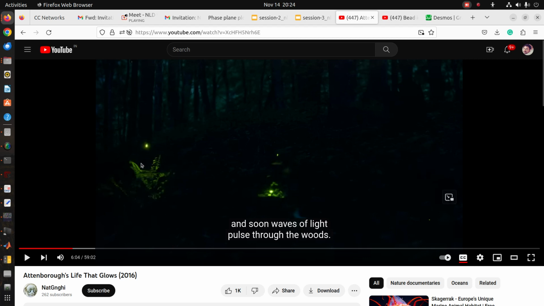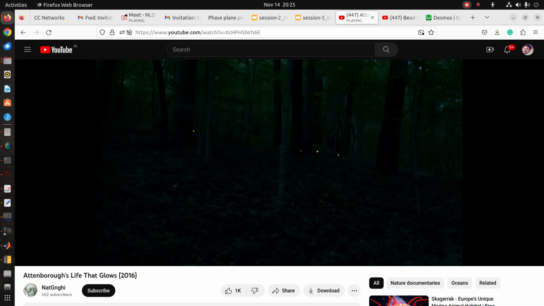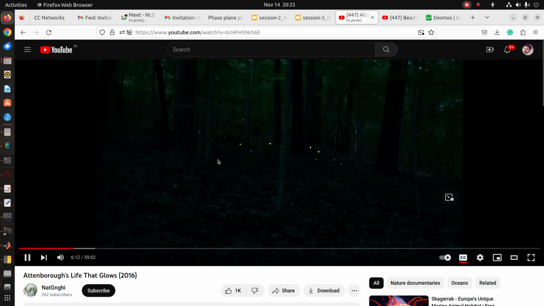Now, in real life we see that one firefly is not independent, it is influenced by the other firefly. So now you need to take into account the effect of another firefly also. When you do that, as you can see in this figure, in the video you can see that the lights are randomly being turned on and off, and eventually you will see that this random behavior goes on to synchronization.